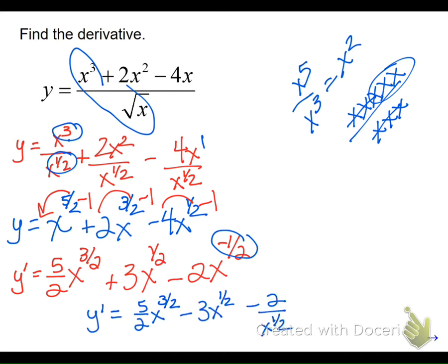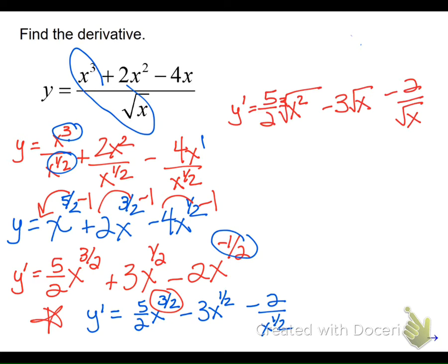And that's everything. But be warned, remember, they could put it back into radical form. So the x to the 1/2 power, those could also be rewritten as square roots. And even the 3/2 power, that could also be rewritten as a radical. So while this answer is perfectly correct, if it was a multiple choice answer, then there's a possibility it could be written one more way.